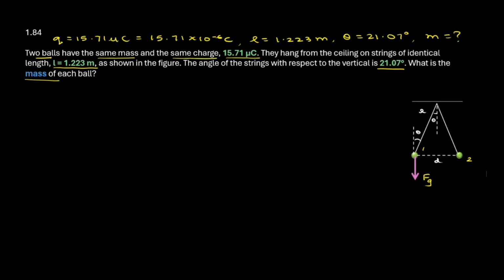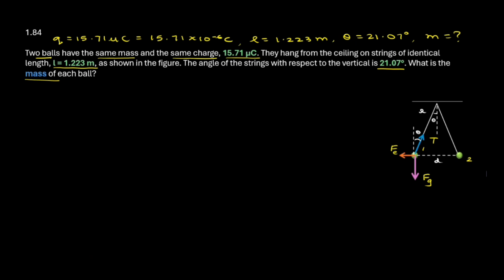Then we have the force of electrostatic repulsion between ball 1 and 2. Since both have the same positive charge, they will repel each other with force Fe. Then we have the tension in the string that points towards the suspension point, so tension T. So these are all the forces acting on ball 1.